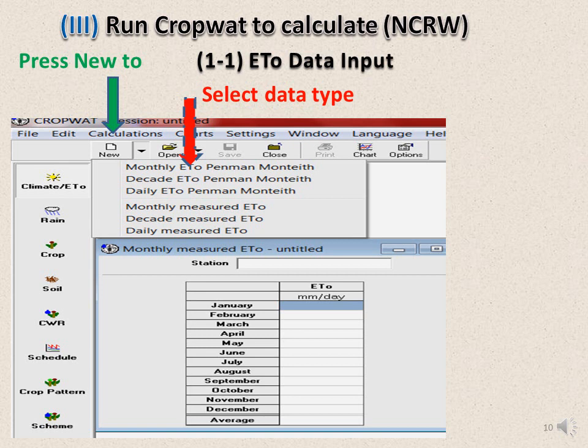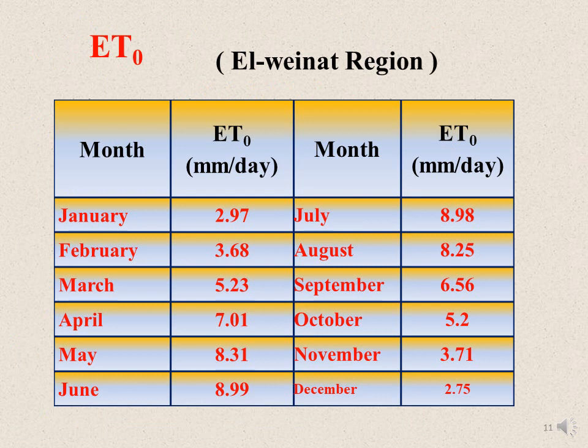Second, select the type of data. We have different types of ET0 data which are referred to by the red arrow. This is an example of ET0 data for the region of Aswan, south of Egypt.